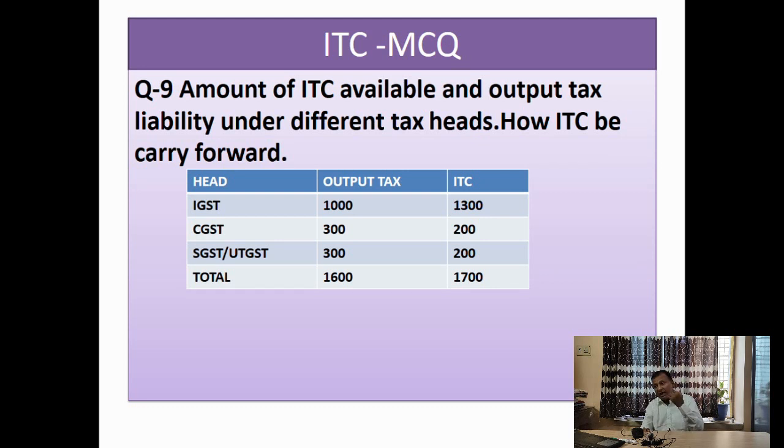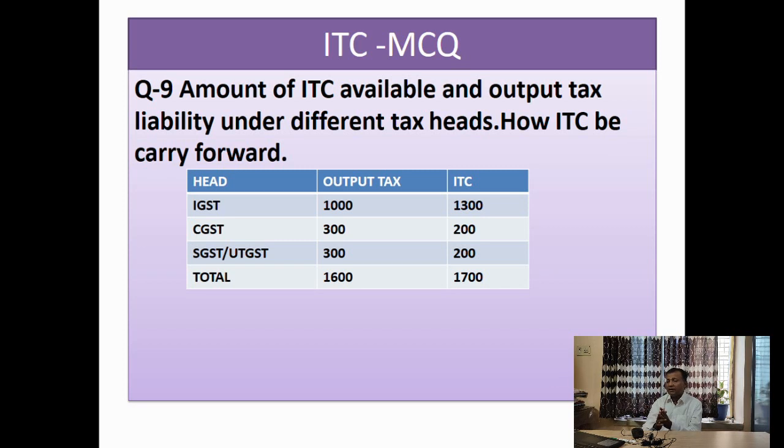The question is how much IGST can be carried forward. So friends, in this question, the input of IGST will be first applied for output of IGST, then CGST, then SGST or Union Territory GST.